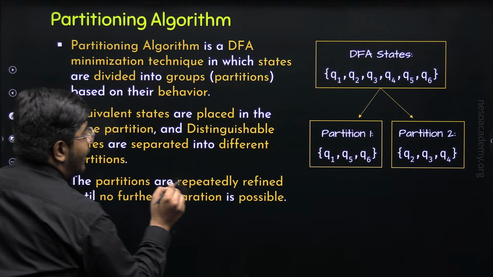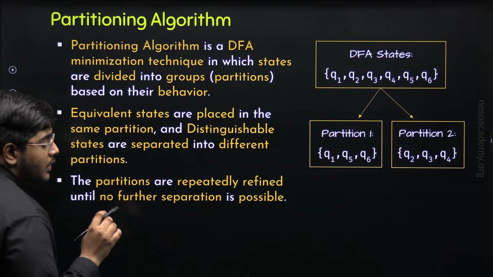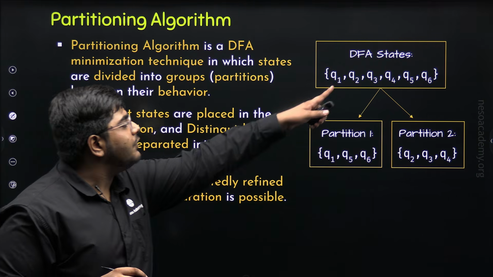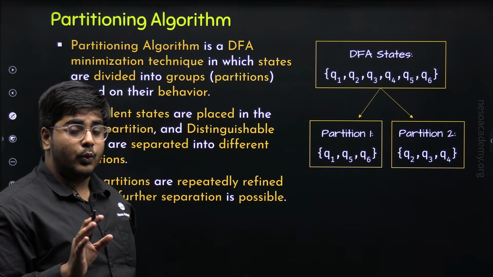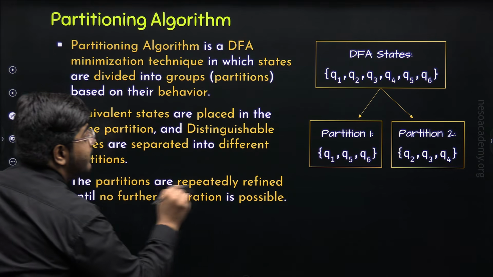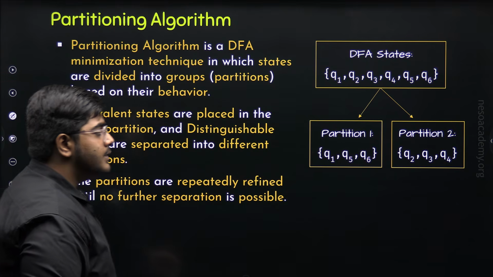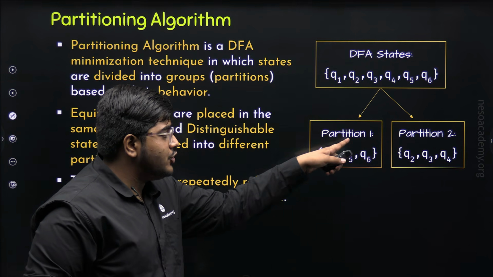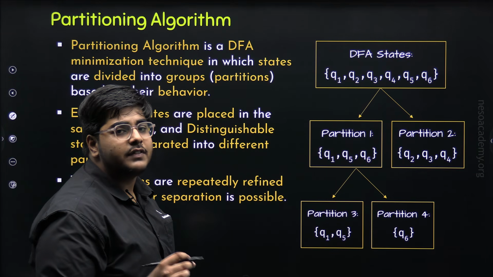The partitions are repeatedly refined until no further separation is possible. So it is not necessary that after one splitting, the partitioning algorithm will stop. No. The partitions are repeatedly refined until no further separation is possible, which means if we again check partition 1 and partition 2, they can be further divided based on the behavior of the states.